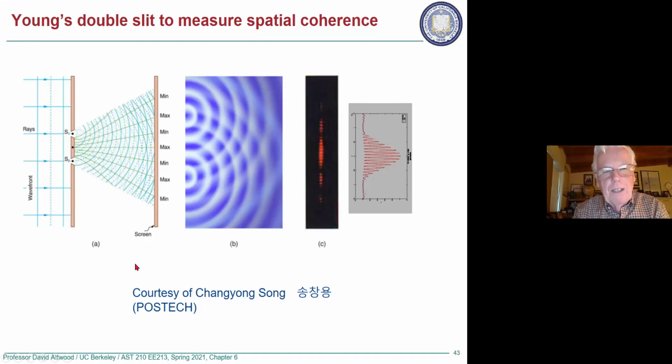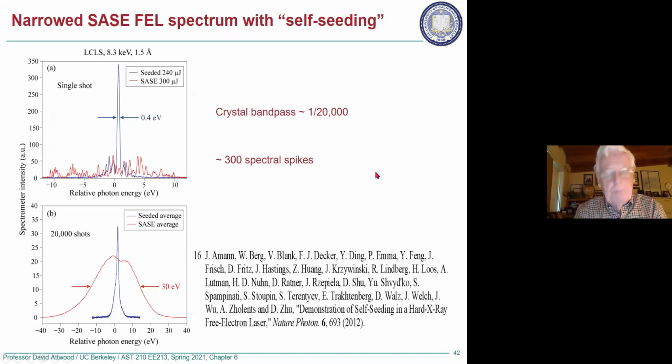The Postech Accelerator Lab, PAL. Here's a nice diagram of the radiation coming in, the two openings, and the interference pattern. This is what that would look like. I forget if this is real data. It looks real, but I'm not sure.